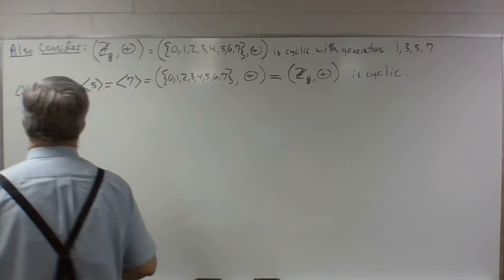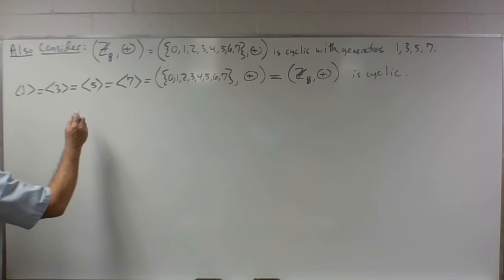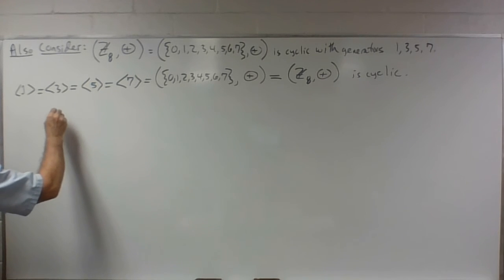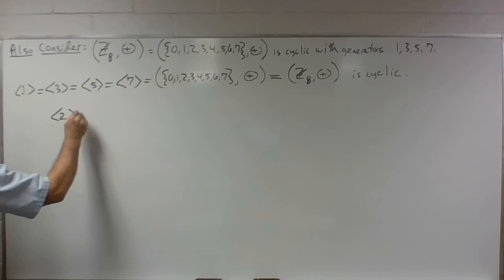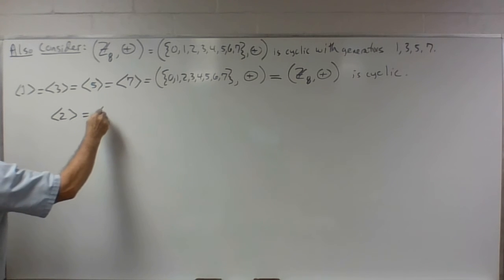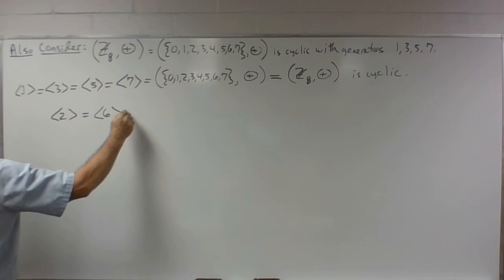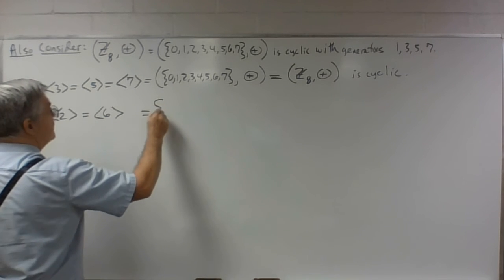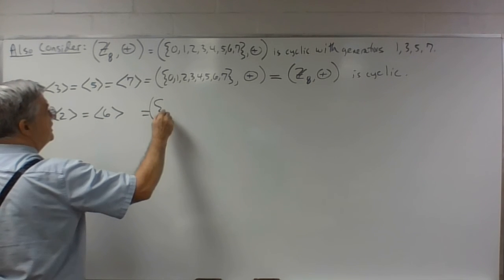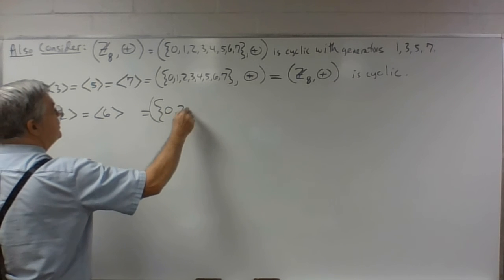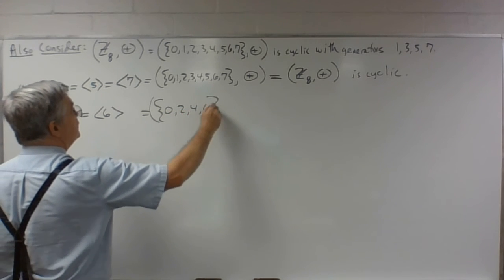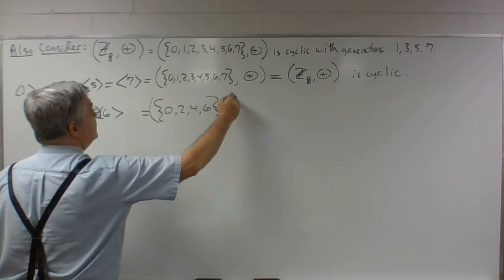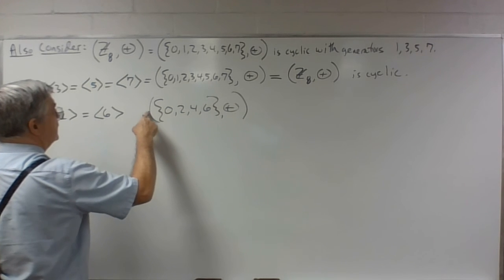Let's see. We worked with this, didn't we? 2 and 6 generate exactly the same subgroup. 2 generates 0, 2, 4, and 6 under addition modulo 8.